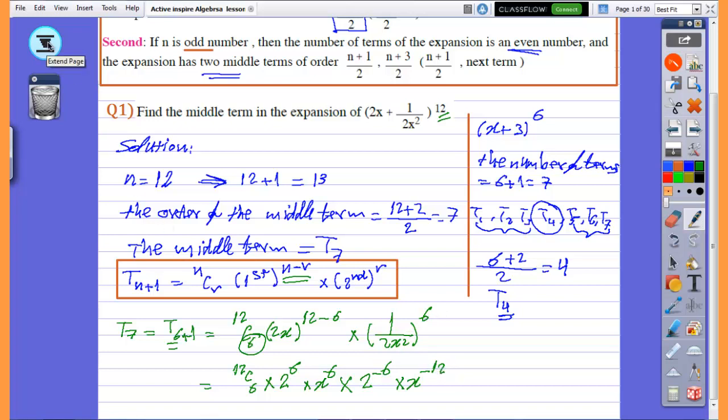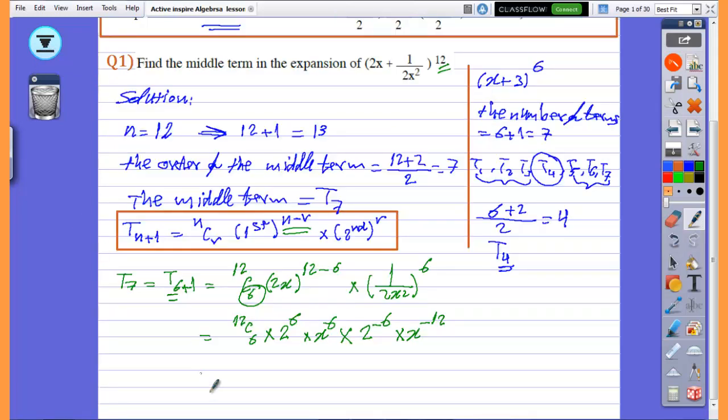And we will simplify this expression, which equals 12C6 multiplied by 2^6 multiplied by 2^(-6), which equals 2^(6-6) = 2^0, which equals 1.